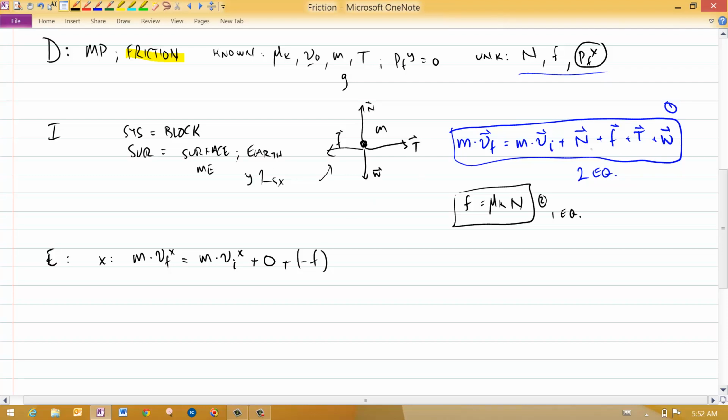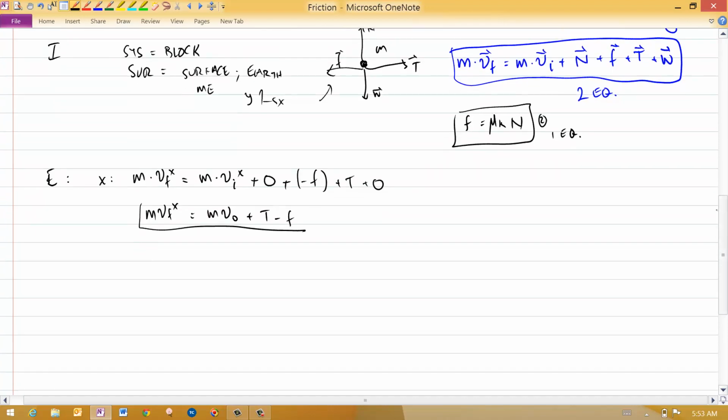The tension force gives plus T, and the weight force plus 0. So I get m v final x is equal to m v0 plus, rearranging, T minus f. There are still two unknowns in there.